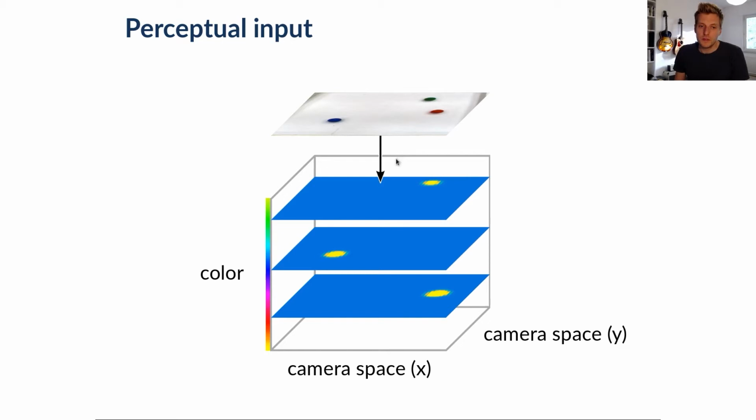So the field that I was talking about is a three-dimensional field. It's defined over camera space, X and Y, and the third dimension is the color dimension, or hue dimension.